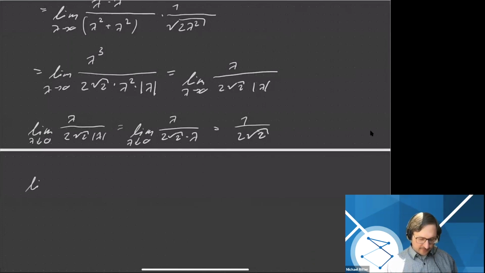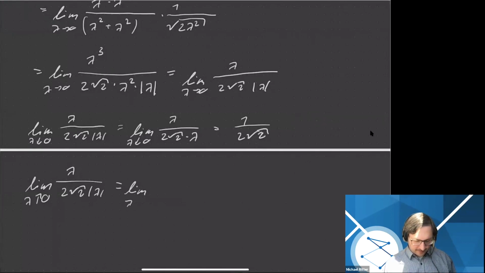And of course, we have to do the same thing as lambda tends to 0 from below. So this time we know lambda is negative. And that means the absolute value of lambda is the same thing as minus lambda.